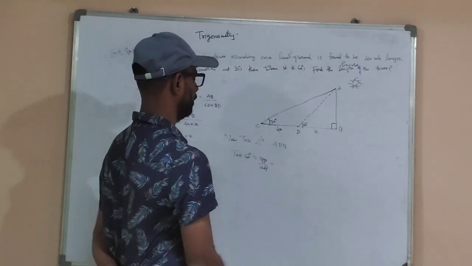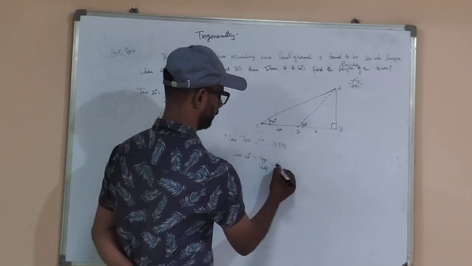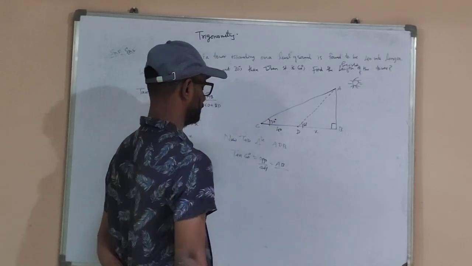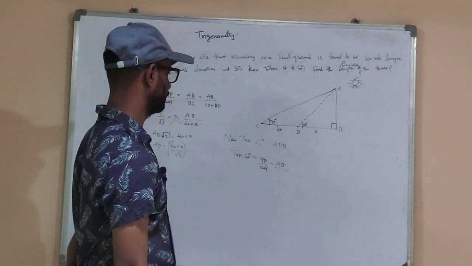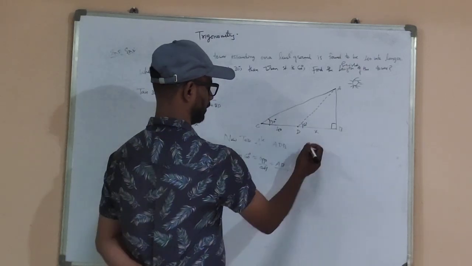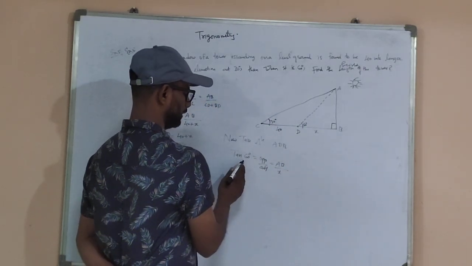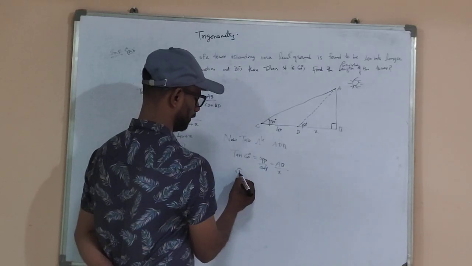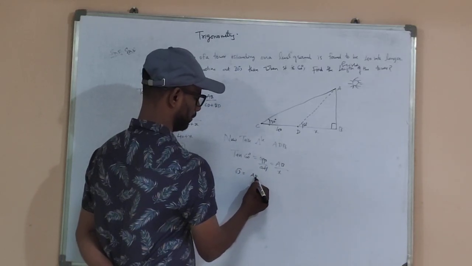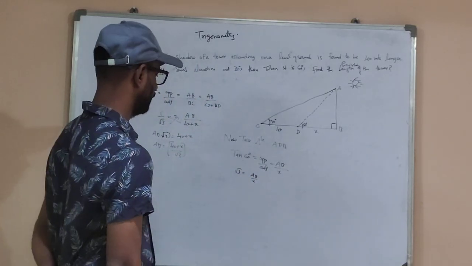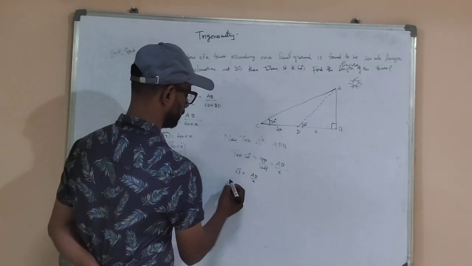What is the value of the opposite side? AB. What is the value of the adjacent? Adjacent is this one, x. The value of tan 60 is root 3. So root 3 is equal to AB by x.